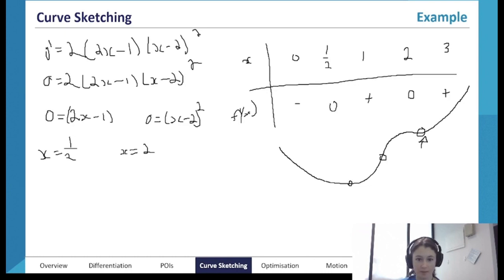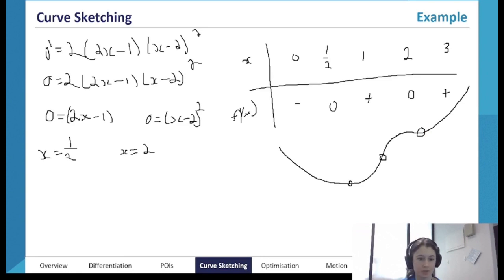Oh, sorry, it is a point of inflection. My mistake. This one is also a point of inflection because the concavity around that point also changes, because here it is concave down, and then here it is concave up. My mistake. So we do have 2 points of inflection here, and at this point here we have a stationary point and a point of inflection. Okay.